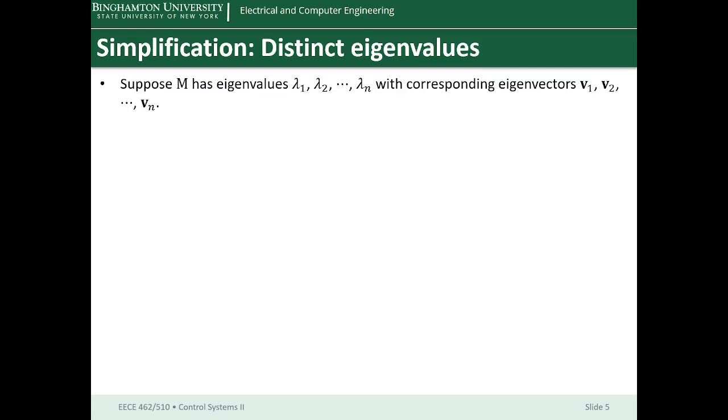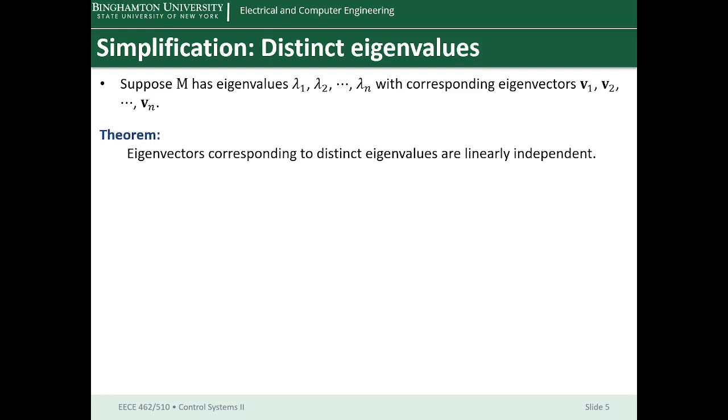So let's assume our matrix M has several eigenvalues, say lambda 1, lambda 2 up to lambda n, with corresponding eigenvectors v1, v2 to vn. Here we want to show that eigenvectors that correspond to distinct eigenvalues are linearly independent.